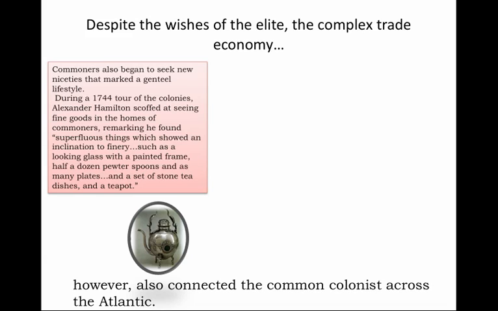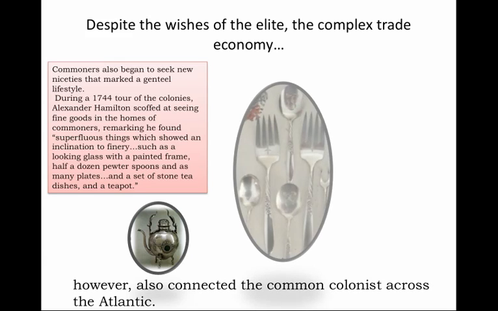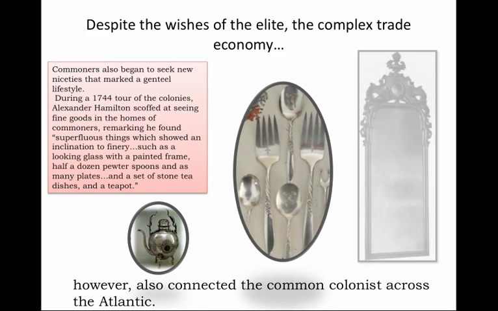Hamilton saw these things not in the home of a wealthy merchant or planter, but in the home of what was likely perhaps a shopkeeper or store owner. And there was enough class consciousness now to look down one's nose at these attempts at copying, if you will, the habits of the more wealthy and more well-heeled.